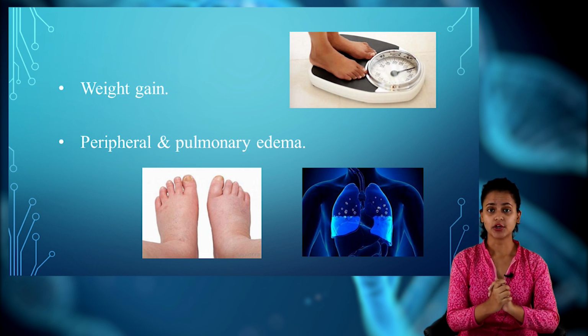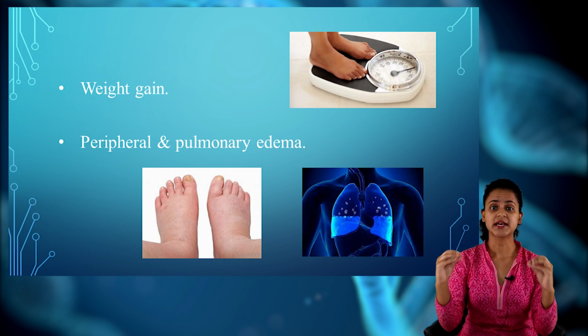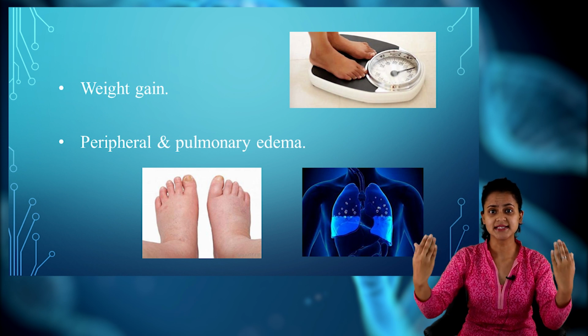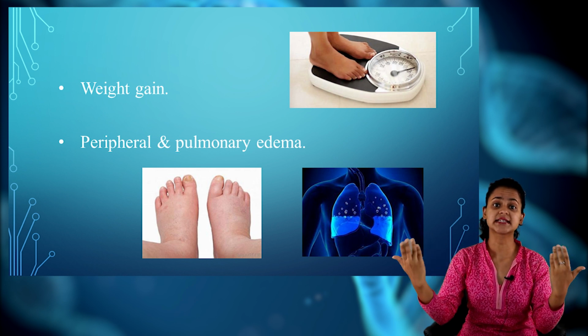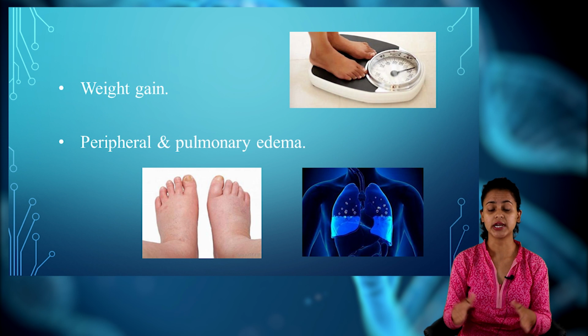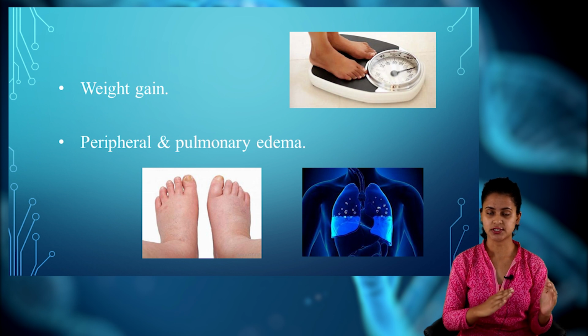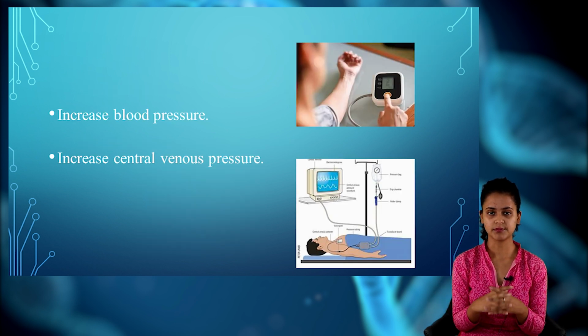Here we are going to see the client will present with excess weight, or weight gain, which is a very common feature among clients with hypernatremia but with no alteration in the extracellular fluid volume. Increased central venous pressure often we will see among these clients.